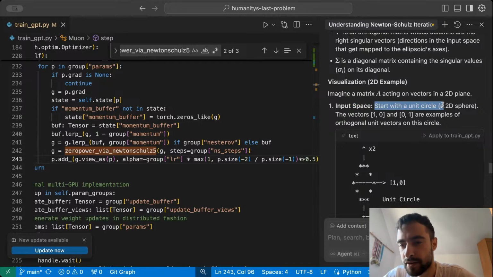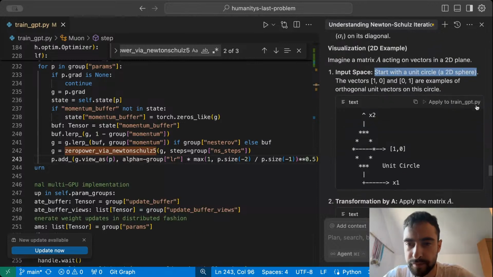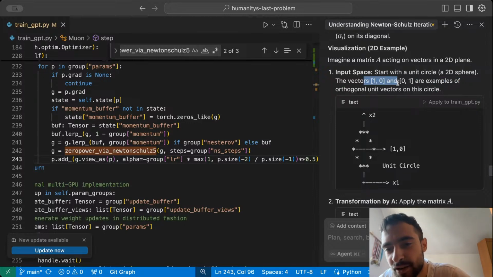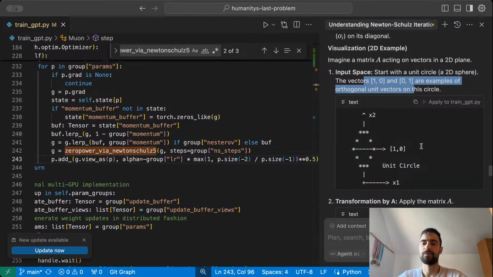Start with a unit circle, a 2D shape. Vectors (1, 0) and (0, 1) are examples of orthogonal unit vectors in this circle. So (1, 0) is this vector on the x-axis, and (0, 1) is this y-axis vector.